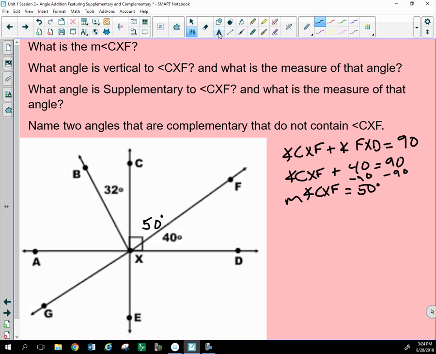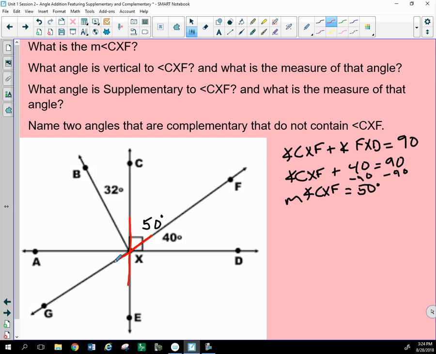The next question is, what angle is vertical to CXF? The vertical to CXF would be an angle that is opposite, that is made up by the same lines as CXF. Here is a line that is made up by CXF, and here is the other line.